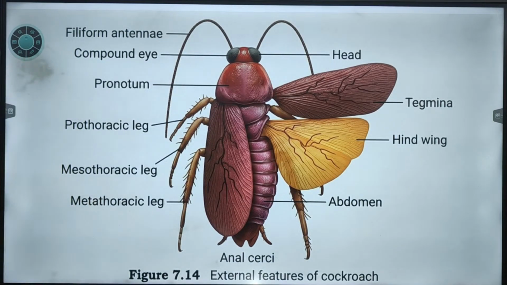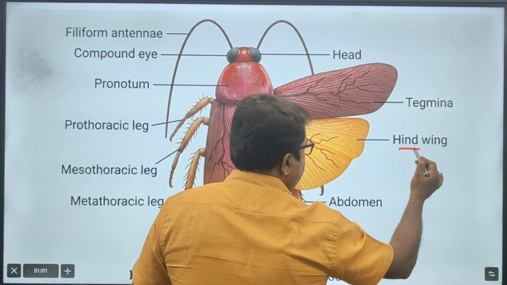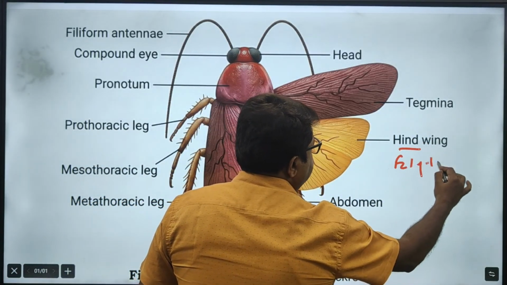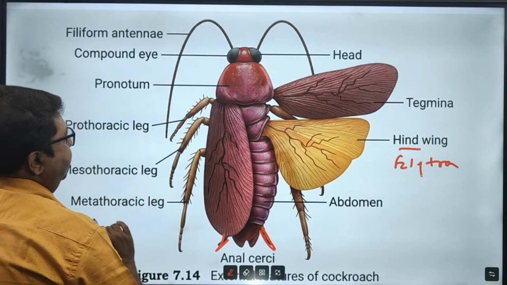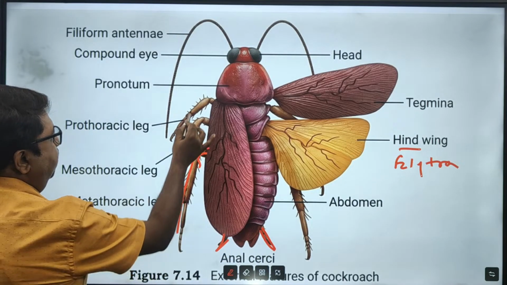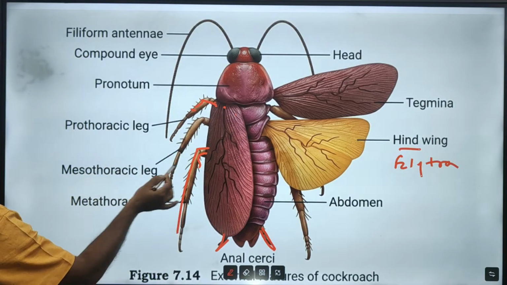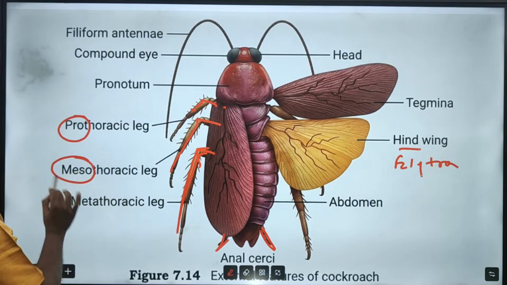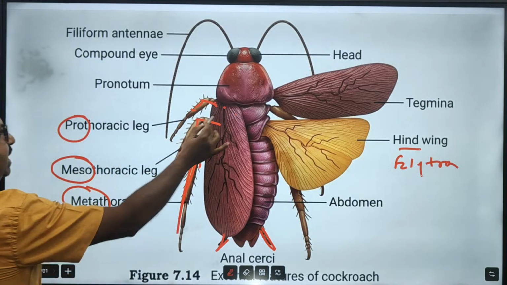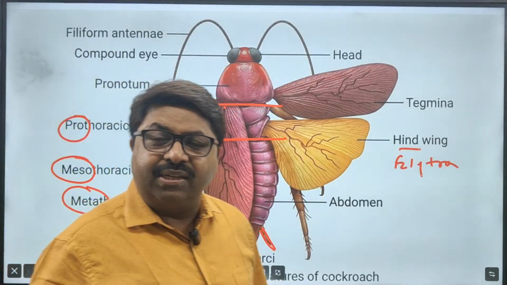See tegmina. Where is tegmina? This tegmina, brown color, this hind wing, what is this? Elytra. See abdomen, anal cerci. These are the legs. Prothoracic leg, mesothoracic leg, metathoracic leg. But all the legs originate from the thorax region.